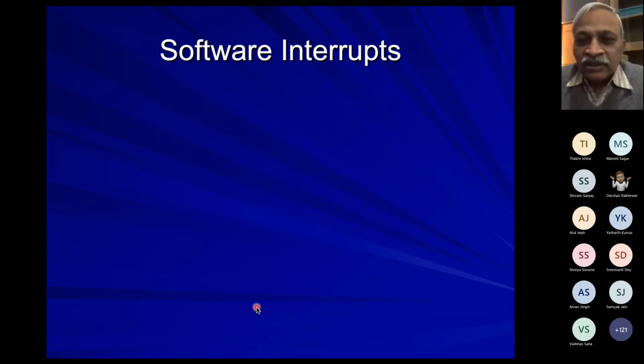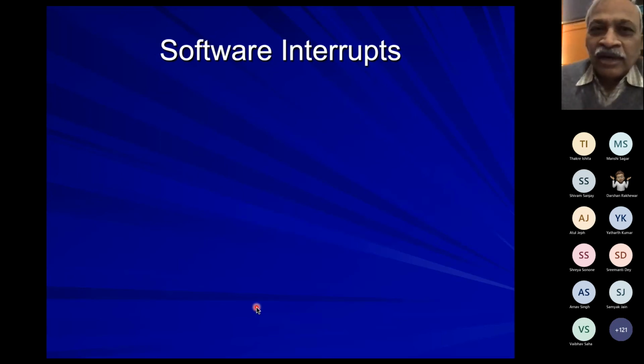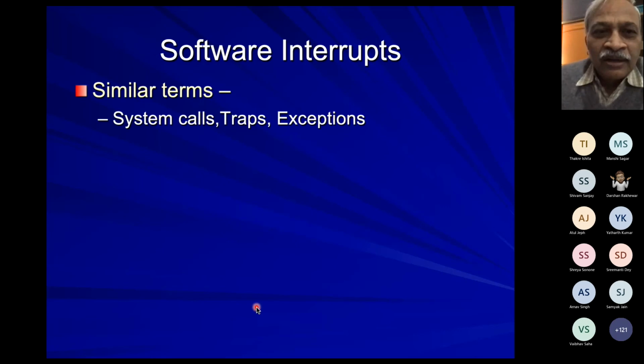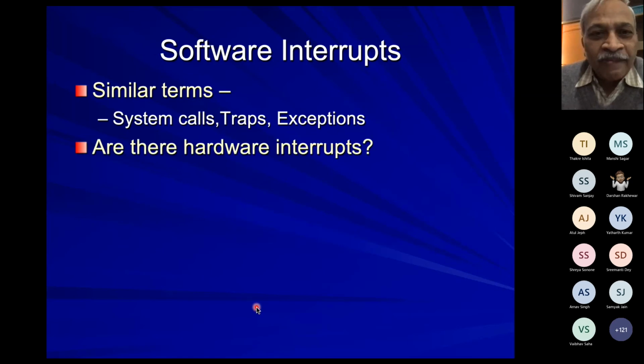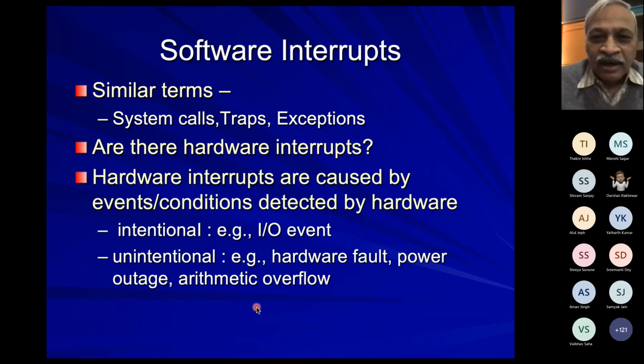Just a few words about what actually these software interrupts are. There are other terms used for these: system calls, traps, exceptions, and so on. These are software interrupts. You might ask, are they hardware interrupts? Hardware interrupts are caused by events or conditions which are detected by hardware.